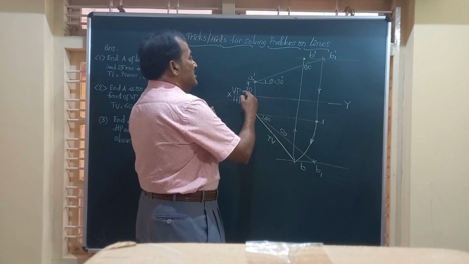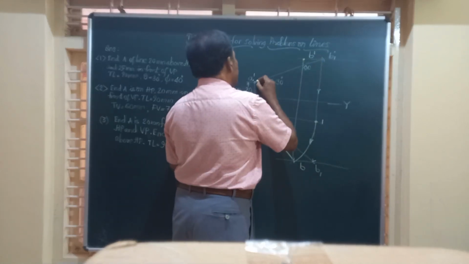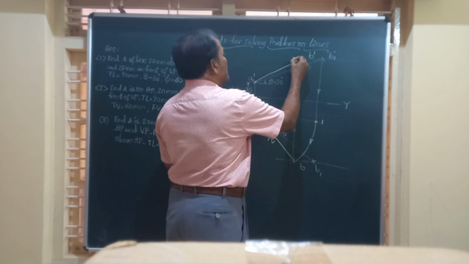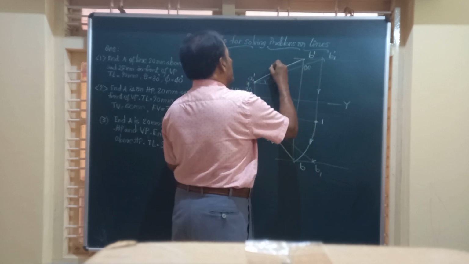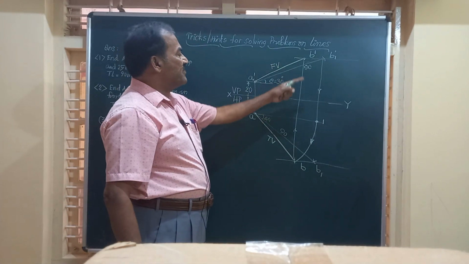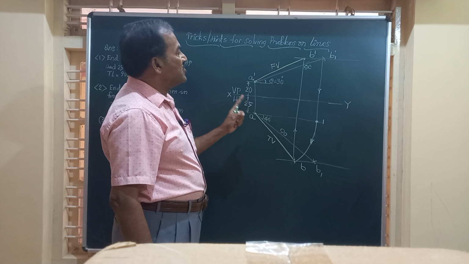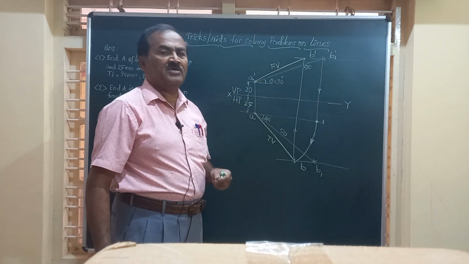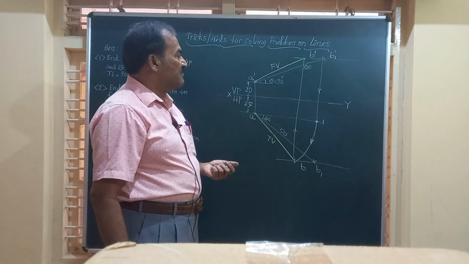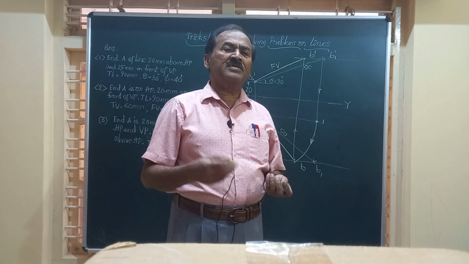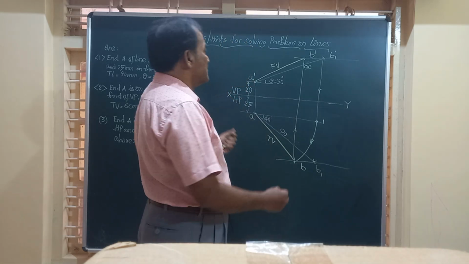Now friends, if you join A dash and B dash, the line A dash B dash will give you the front view of the line. So friends, with the given information, we are able to obtain the front view and top view of the given line AB.